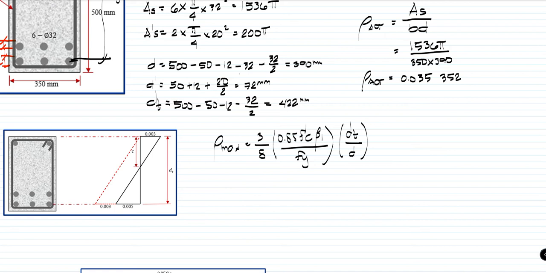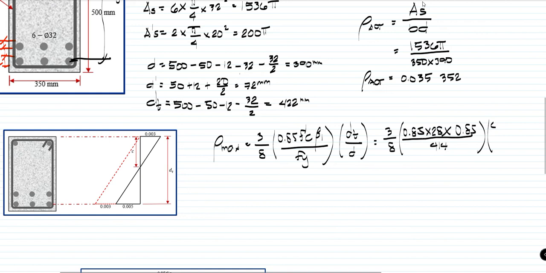Substituting the values, we have 3/8 times 0.85 times 28 times beta 1, which is 0.85 since our f'c is only 28, divided by 414, times 422 over 390.